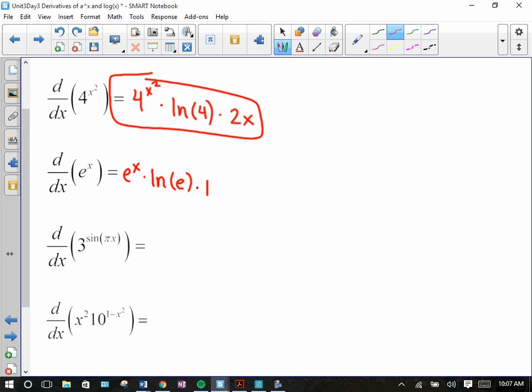What's the natural log of e? Natural log of e is just a number, and it happens to be 1. So that would be equal to e to the x. That's why the derivative of e to the x is equal to e to the x.